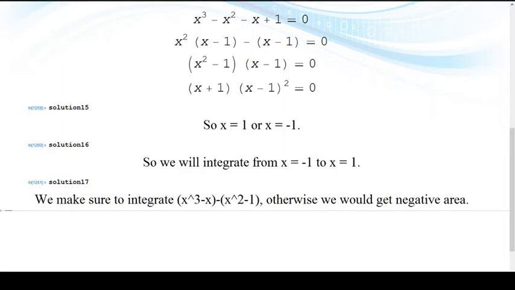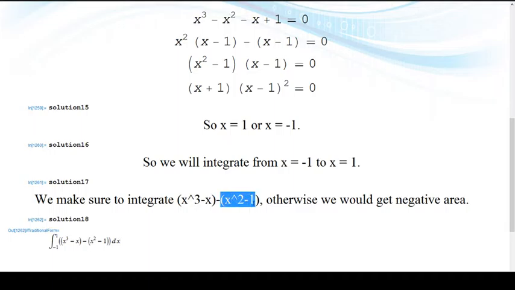We set up the integral like so. We subtract the smaller of the two curves from the bigger of the two curves between the endpoints that we found.